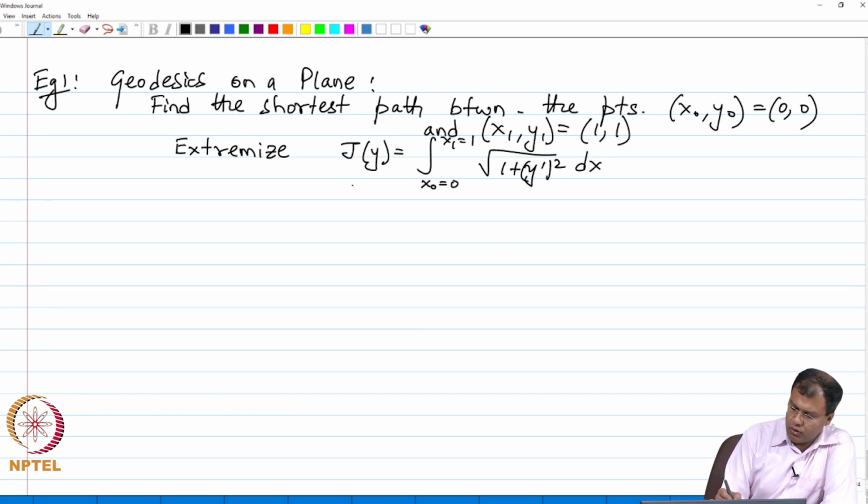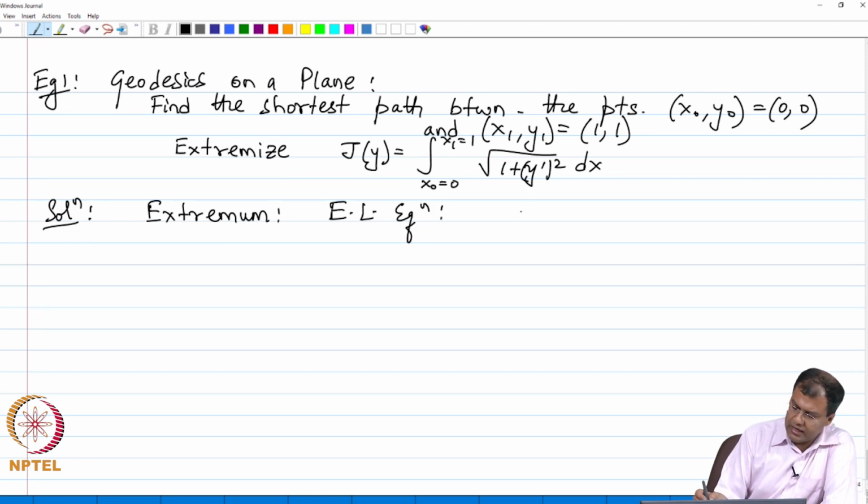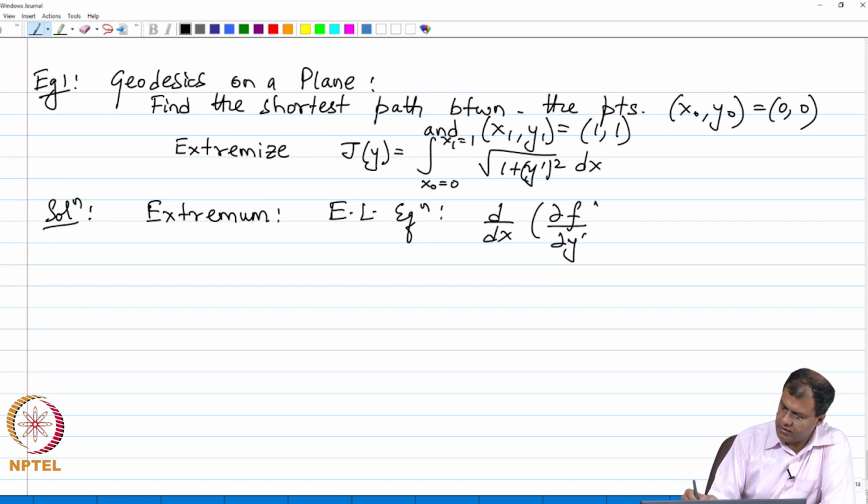Which means to find the extremum, I have to satisfy the Euler-Lagrange equation, and it is easier to see how it simplifies.